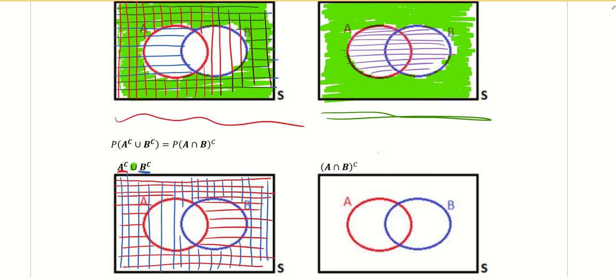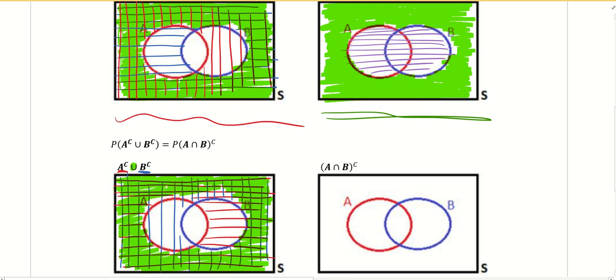In other words, in this picture, it's going to be everything that's shaded at least once, right? Because everything that's shaded at least once is either in A complement, red, B complement, blue, or in both, shaded with both colors. So the union of A complement and B complement is going to be all of what we saw in the previous question, so everything that's shaded twice.